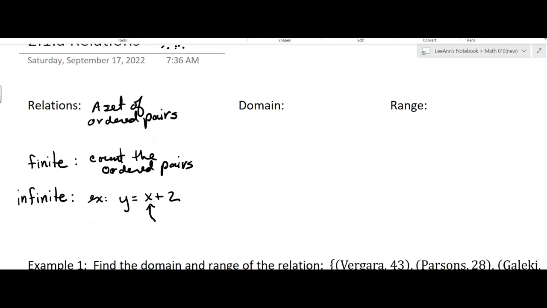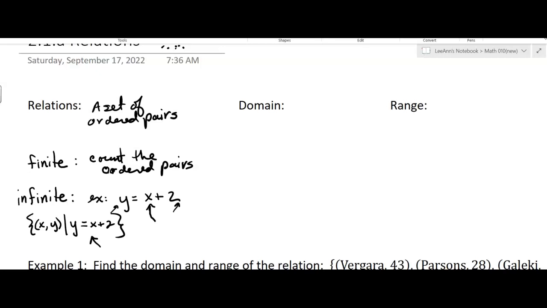There's an infinite number of real numbers, and I could always add 2 to a real number, and then I could get a y. All right, so the relation would be the set of x, y, such that y equals x plus 2. That's one way to write the relation, but this is an infinite set. Okay, you can't list all the ordered pairs.